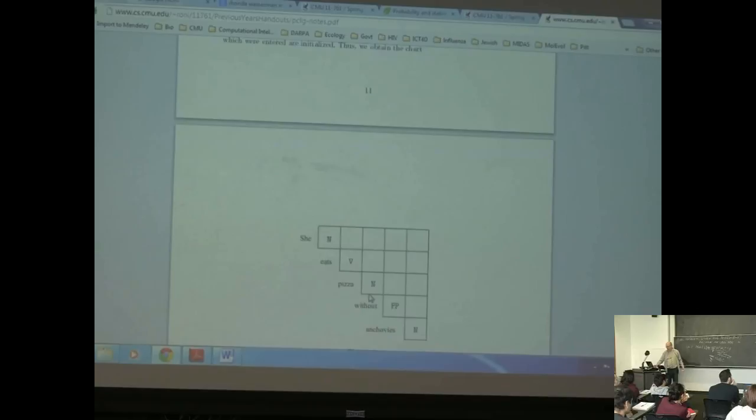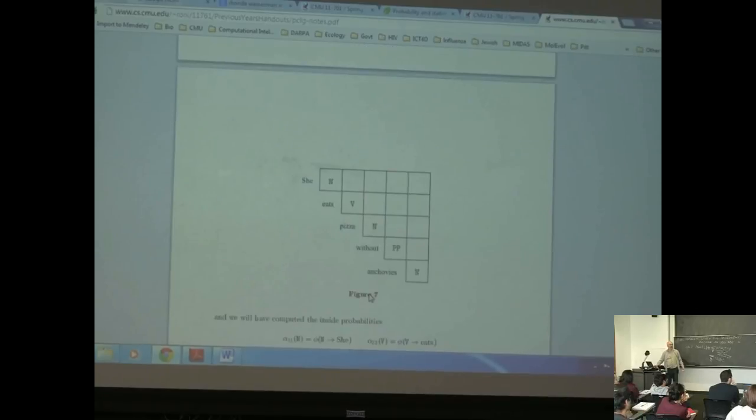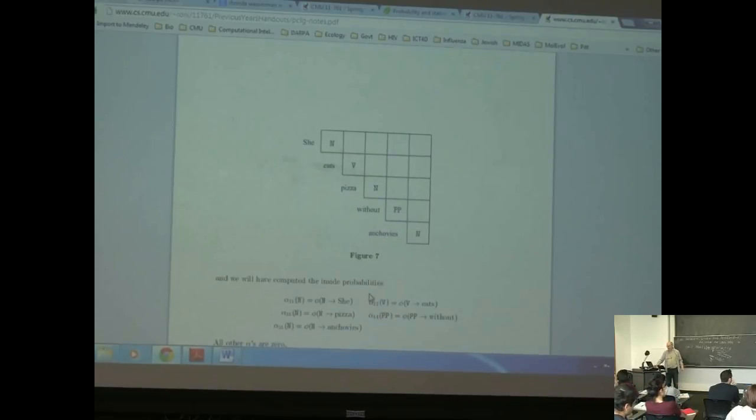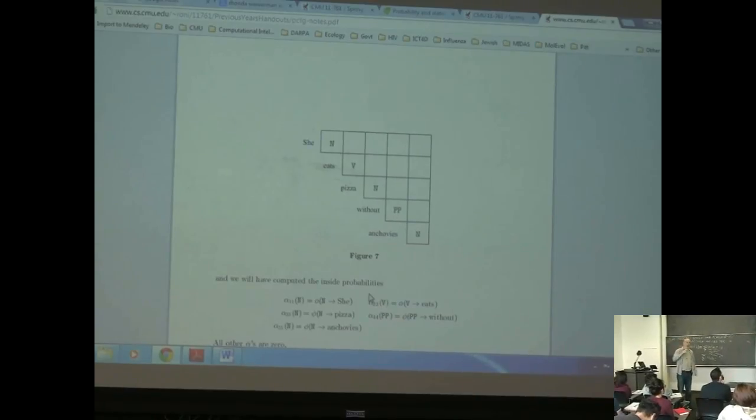Here's what it looks like after the first diagonal is filled in. If one of the words were polysemous, if the word could be both a noun and a verb, then inside the square there would be more than one non-terminal. It would be N, comma, V. So it could be a noun or a verb.